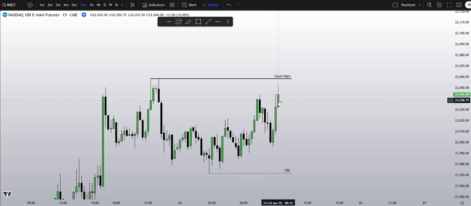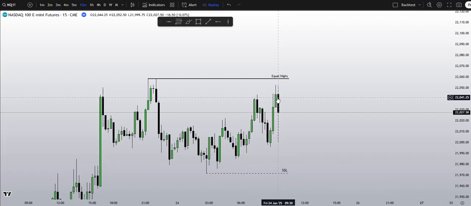So right now, at this very moment, there is no trade to take. You see that it took this high, and upon market open, it begins to dig into this bullish imbalance. It respects it.